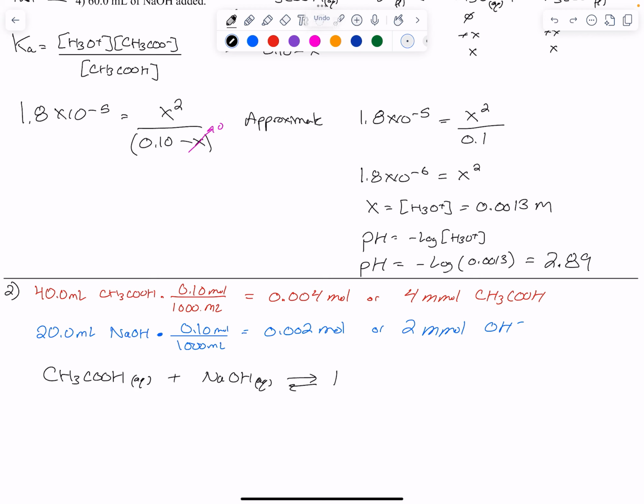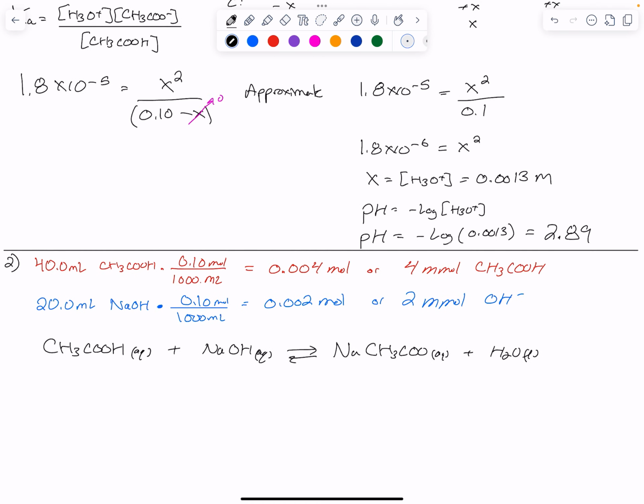We'd have sodium acetate, CH3COONa, and water. There we go. Well, net ionic equation, we know that this is weak. All right, so it stays together. Sodium hydroxide strong. So we know it's going to break apart there.